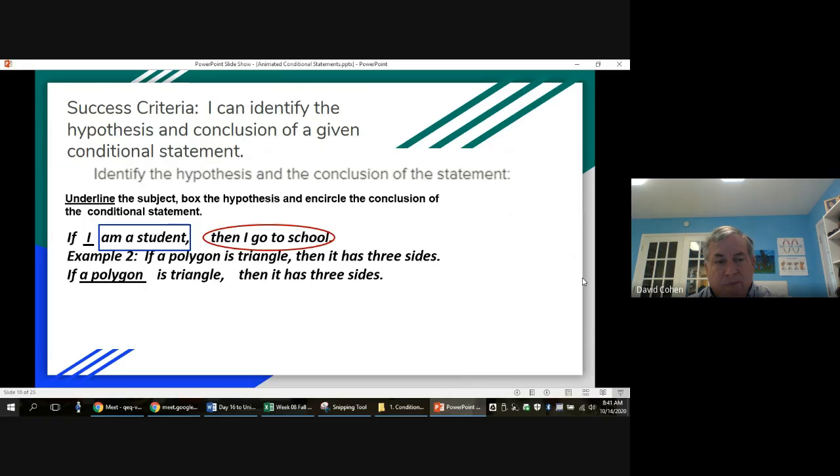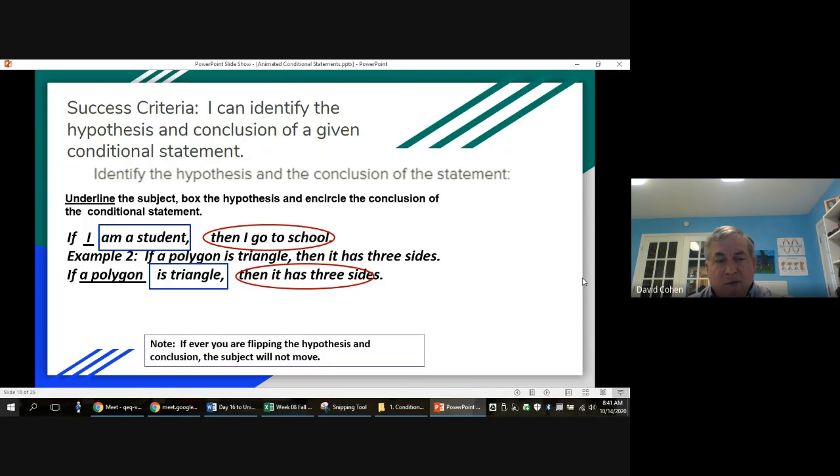So let's try it. If a polygon, underlined, is a triangle, there's your box for the hypothesis, then it has three sides, the conclusion. Note, if you ever are flipping the hypothesis and conclusion, the subject will not move.